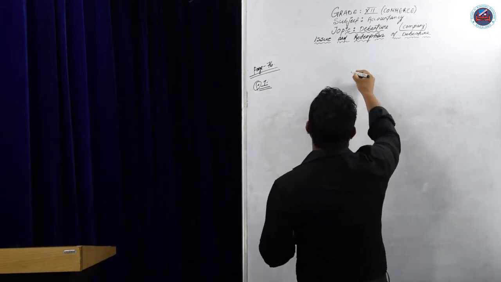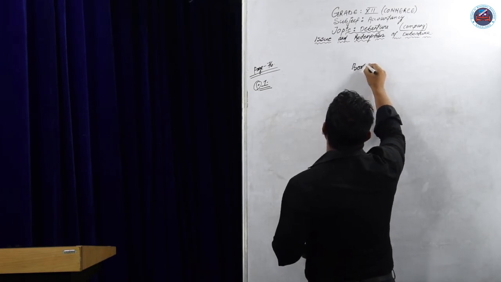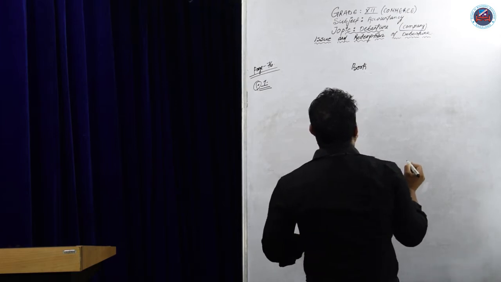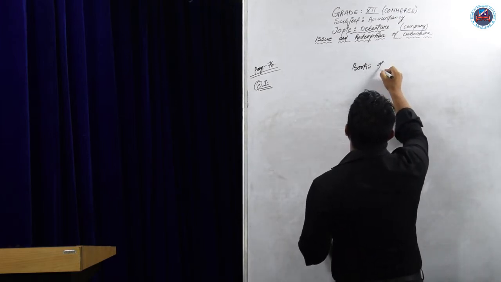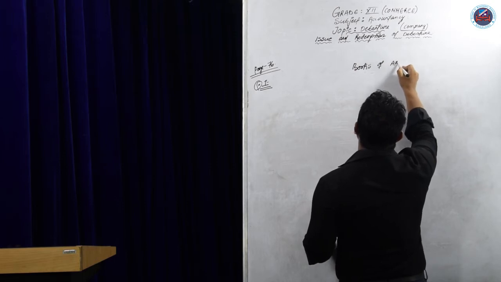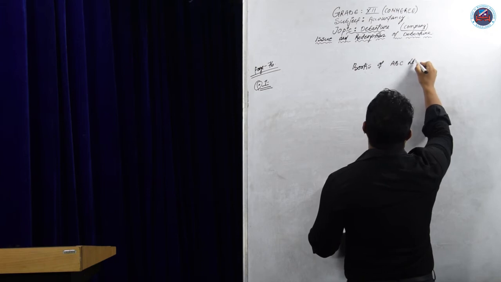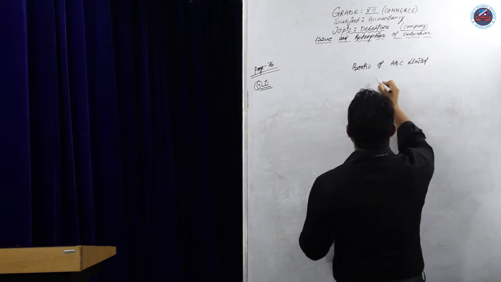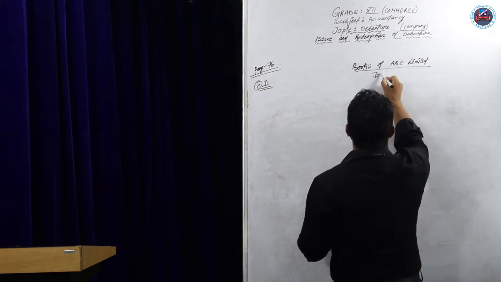In every question, whether in a partnership or company, you have to write like this, because we are maintaining the books of ABC Limited. That is the books of accounts of ABC Limited.